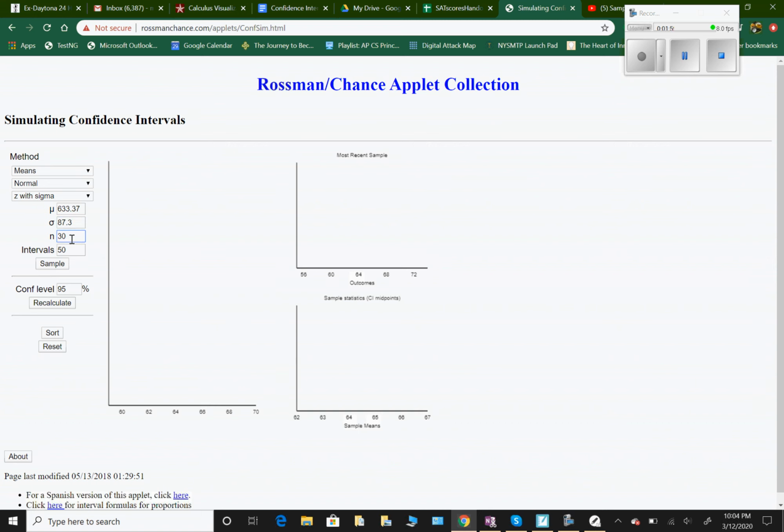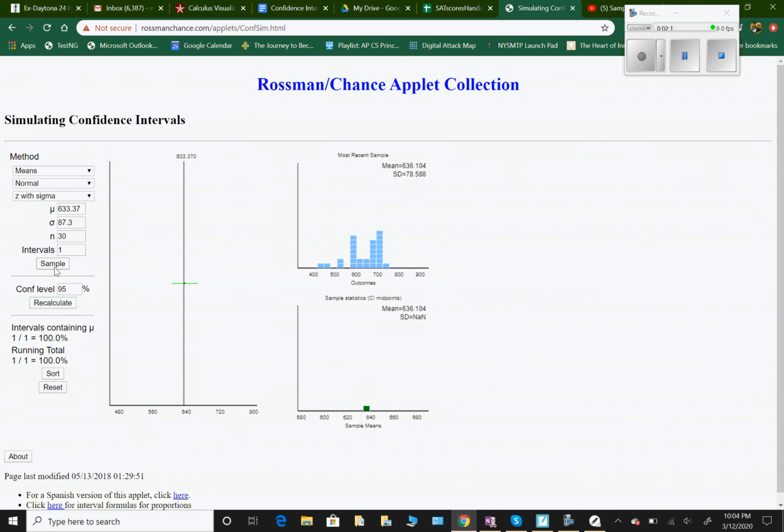Now, remember, the friends were picking samples of size 30, and what I'm going to do here is just set the number of intervals to 1. And if we click sample, oh, one more thing to notice. Notice down here is the word 95%. Make sure 95% is there because that's what we're going to do. If we click sample, we will see this vertical line here that's centered at the mean.